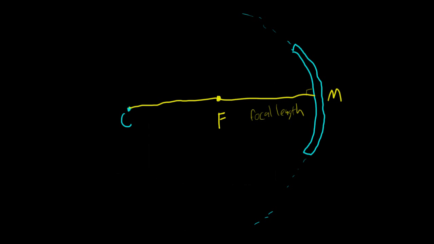Now we can let this be fairly complicated if we like. I don't have time this school year to let it get too crazy. But we've got this object here.